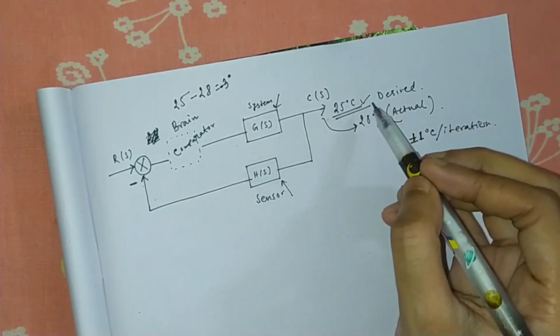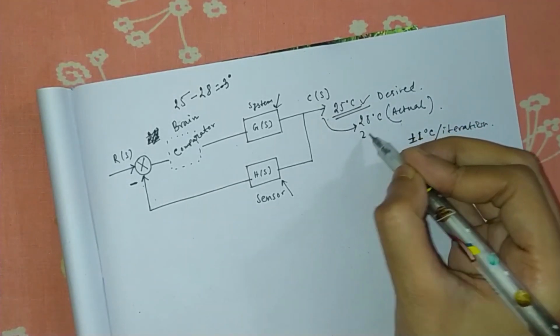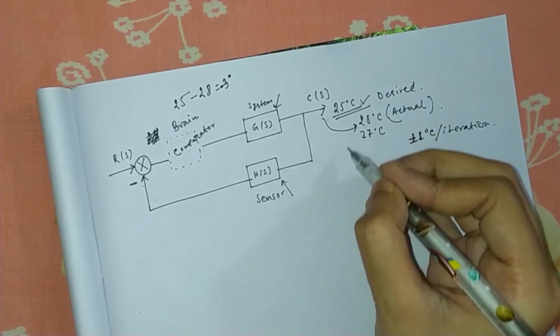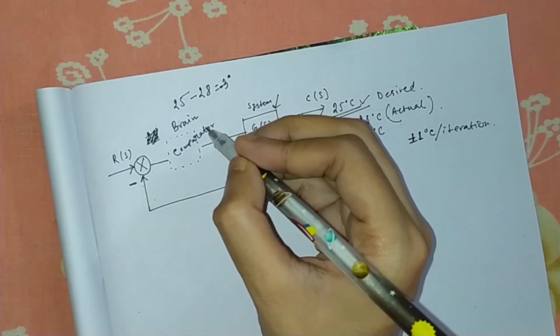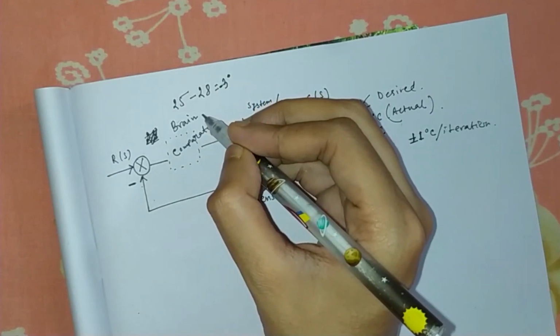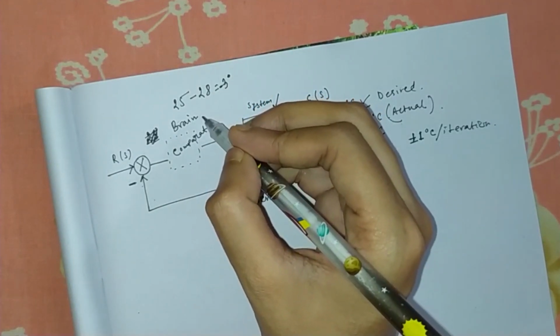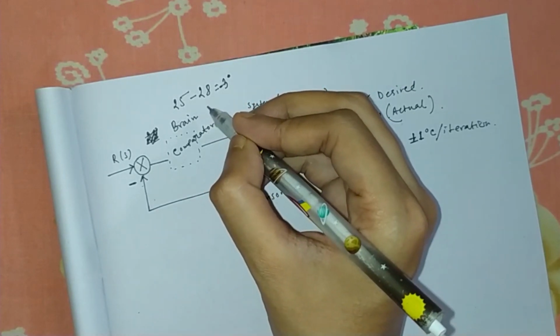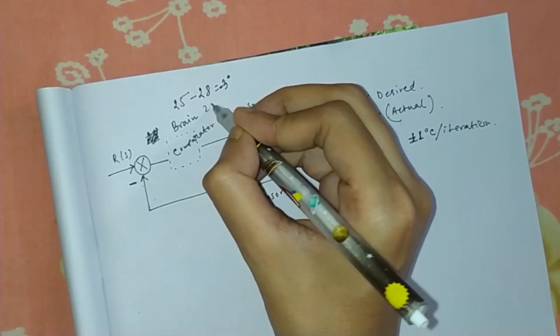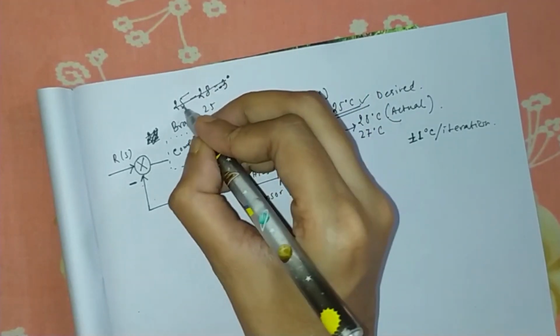From 28 degrees it will make the value 27 degrees. Again 27 degrees reaches here, and the comparator compares, and it decides what to do next.